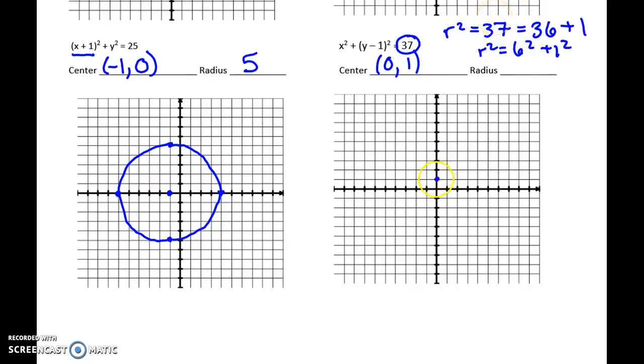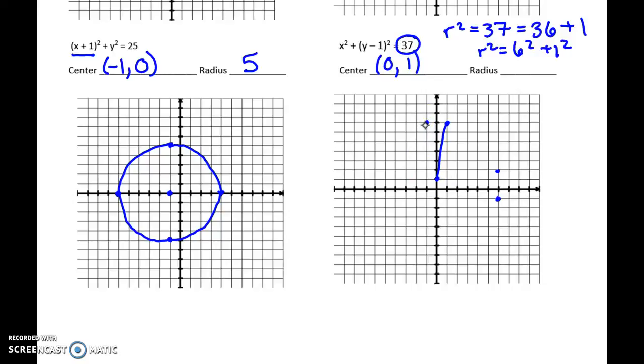So I'm going to take a look at that. If I go over 1, up 6, the distance from here to here is still square root 37. I'm just no longer going straight up or straight across because I can't with the square root of 37. So same thing could happen if I go over 6 and up 1. Or for that matter, over 6 and down 1.